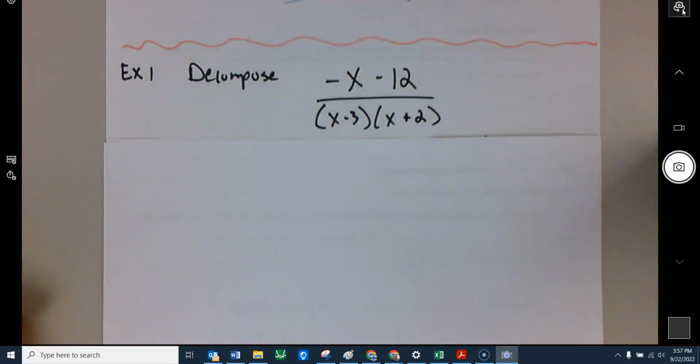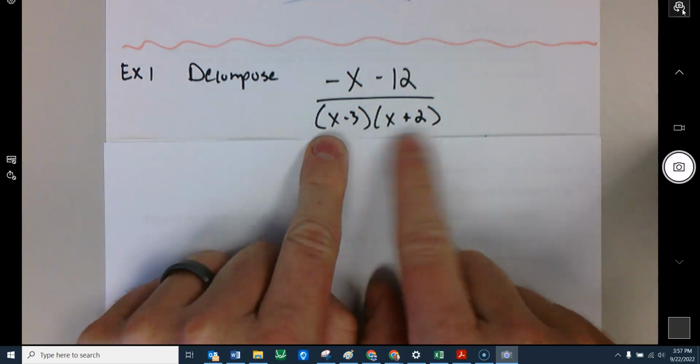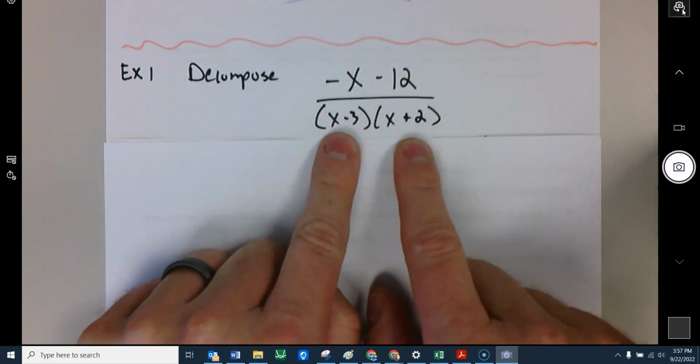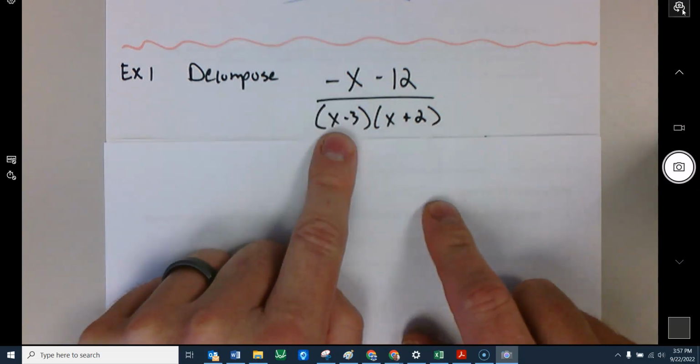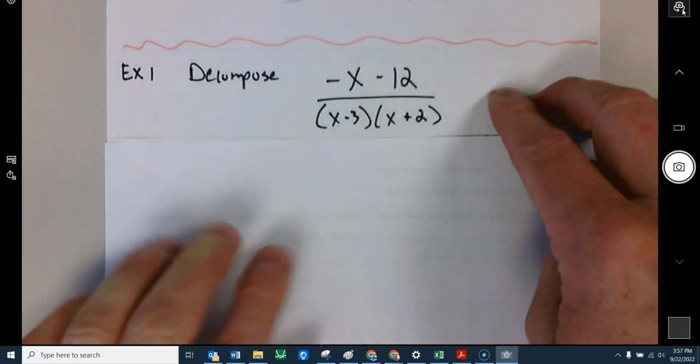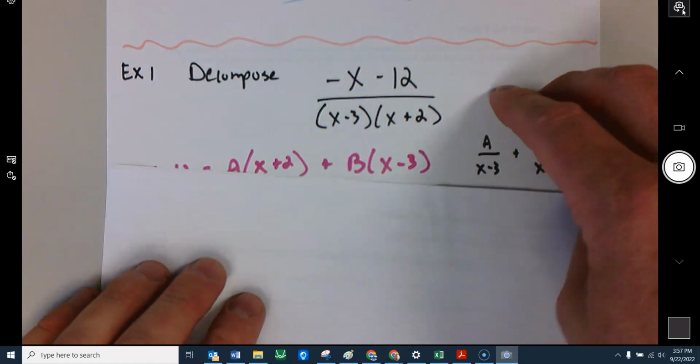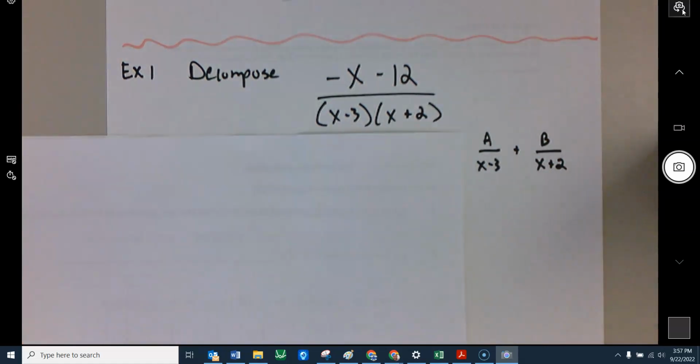From this point, we talked about assuming what our answer is going to look like. The fact that this denominator has 2 linear factors is telling me that I'm going to have A over one of them, just some number over x minus 3, and some number over x plus 2. Our next step was to get a common denominator.